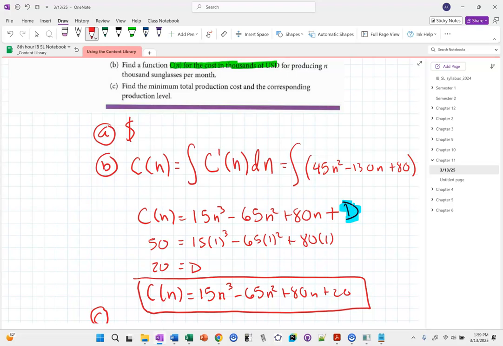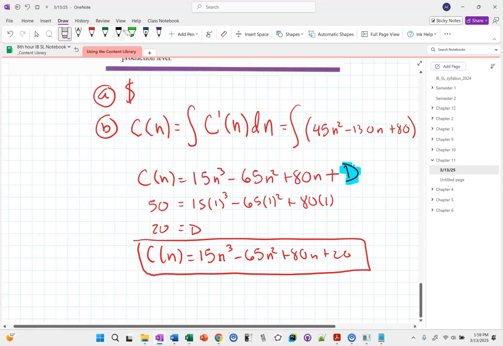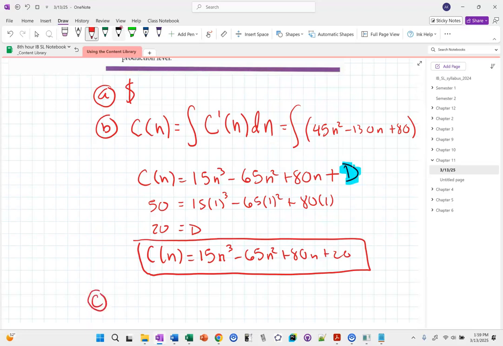Part C says, find the minimum total production cost and corresponding production level. What does that sound like to you guys? Yes, that sounds like a question from last chapter, right? So if I want to find a minimum, I need to look at where the derivative is equal to 0. Everybody feel okay there?